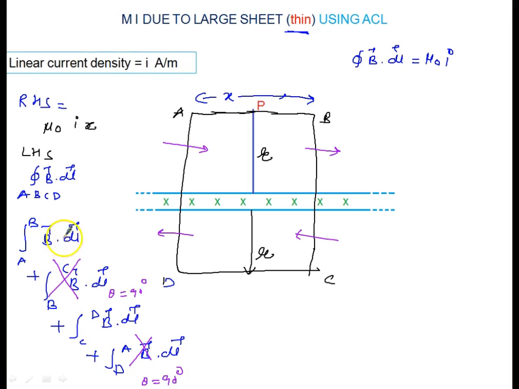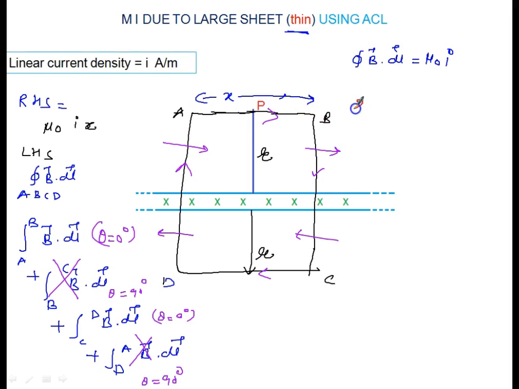Okay. Now only two parts remain, A to B, B dot dl. In A to B you are moving like this, B dot dl, theta equals 0 degrees. Here you are moving like this because this is your closed Amperian loop. Again here theta equals 0 degrees. And the length of the dl is also x. So I can directly write the left hand side as 2Bx.